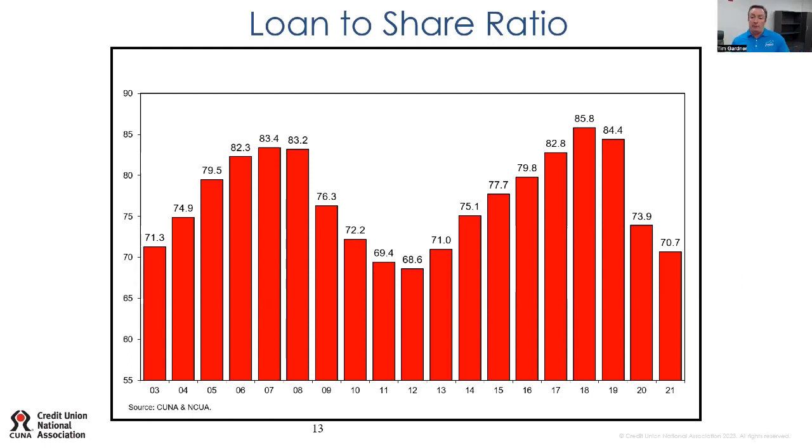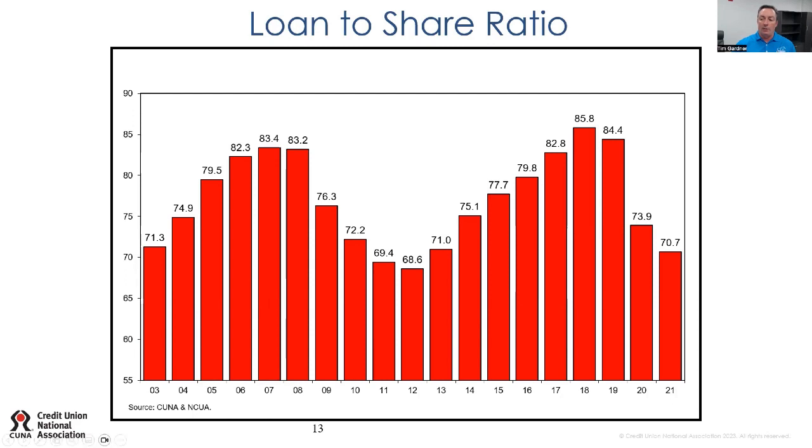So that could be something to point out. Maybe it's a different type of deposit product that your credit union has started to offer. Maybe deposits have grown, which would decrease the ratio. If the deposit growth is faster than the loan growth, that's going to decrease the ratio. Maybe that's because we've started offering CD specials or something like that. So those why questions, those are the kind of things that you're going to want to get into.